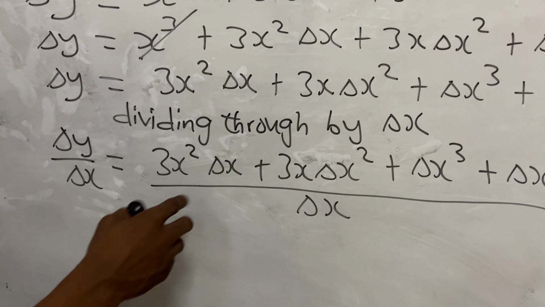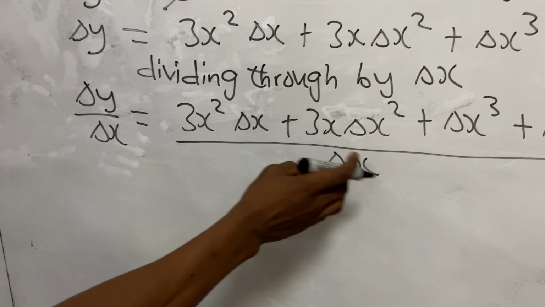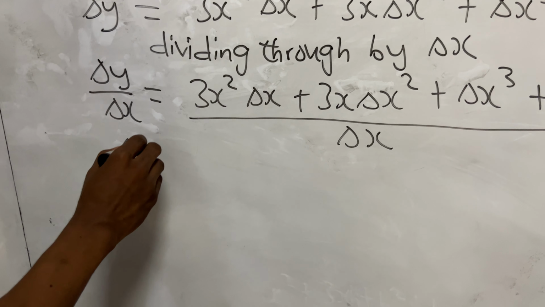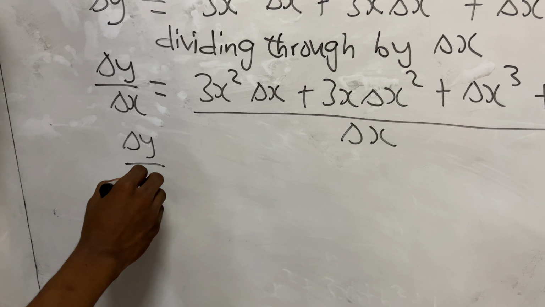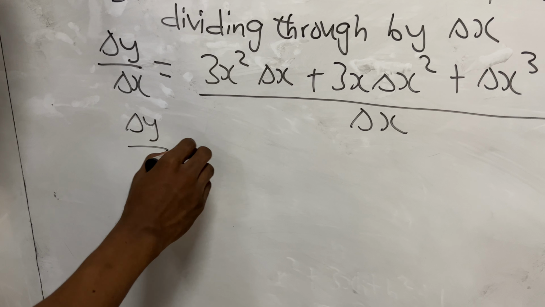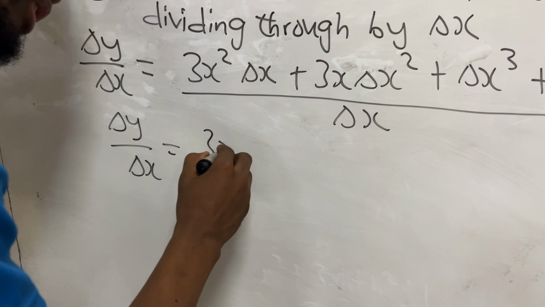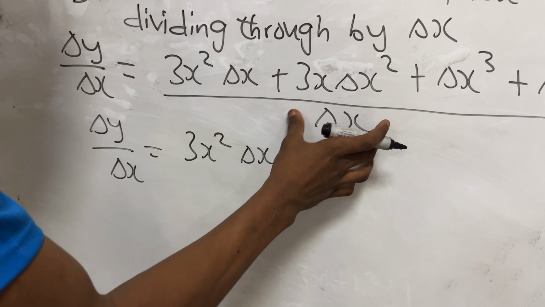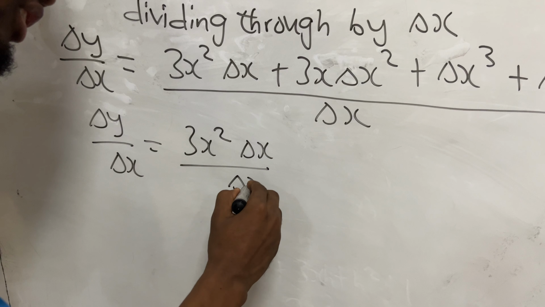So this is the same as, I'll treat them separately since they have a common denominator. So I'll write the change in y over change in x. This is the same as 3x squared change in x over the denominator change in x.